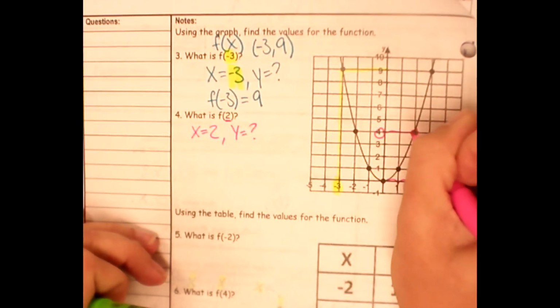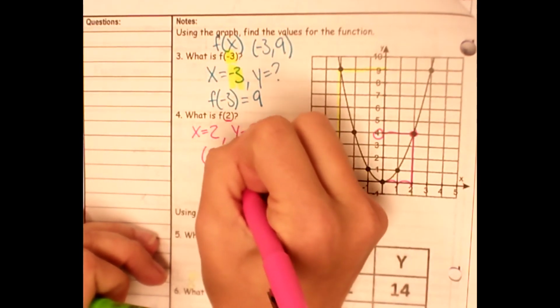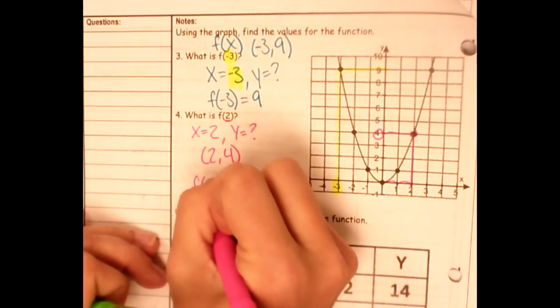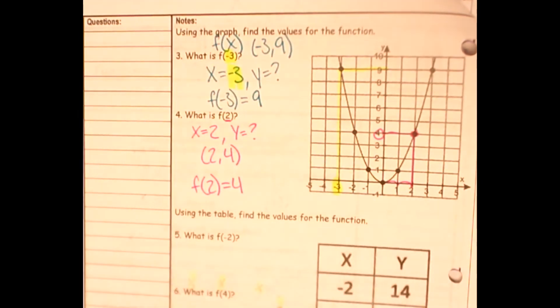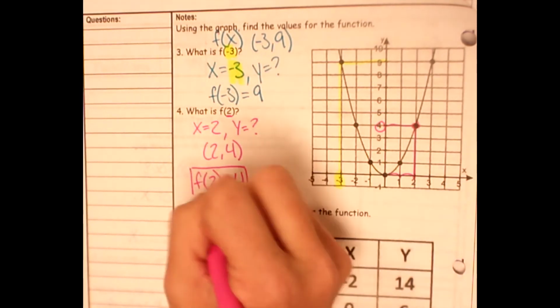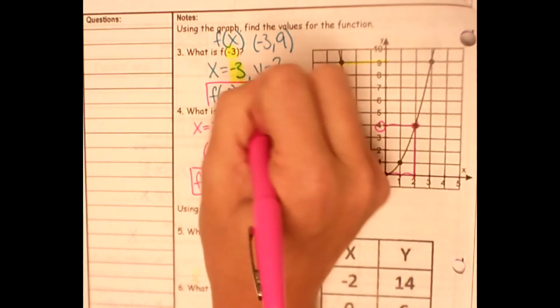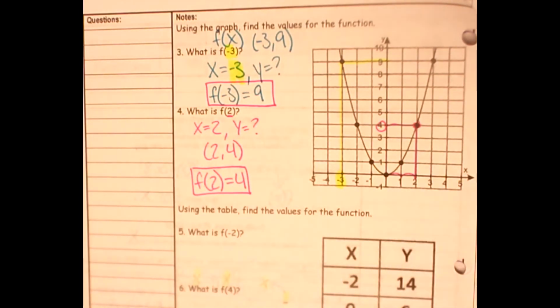This point right here is 2, 4. So that means f of 2 is equal to 4. So that's how you do it when there's a graph.